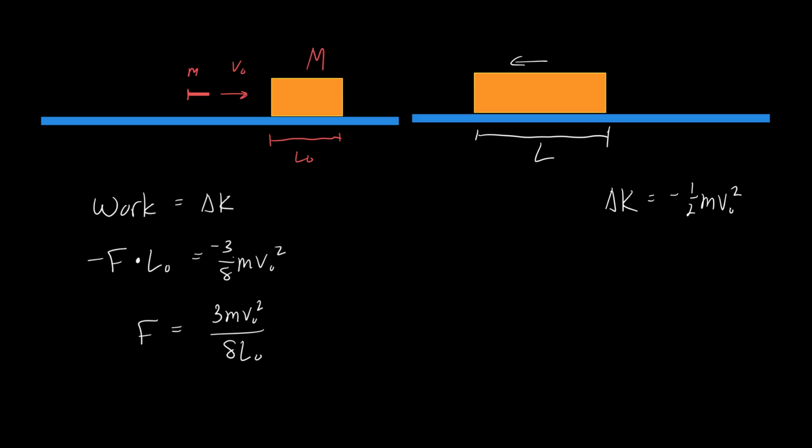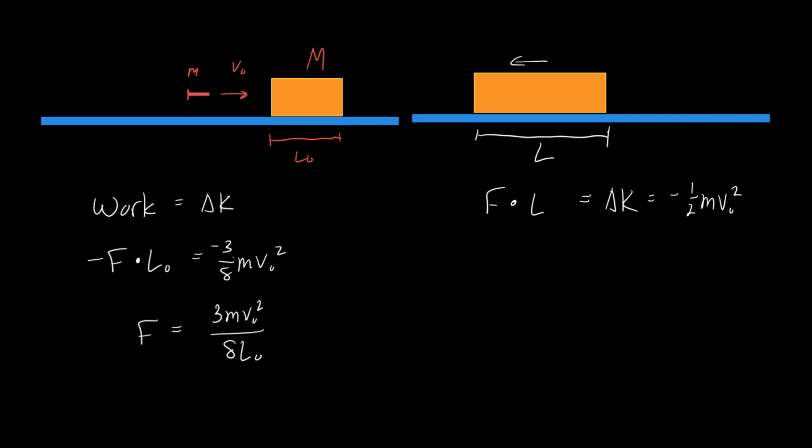I want to fully stop the bullet. And this has to equal F times L, right? The work on the bullet. And I want to find this new L. Does this make sense to you guys?